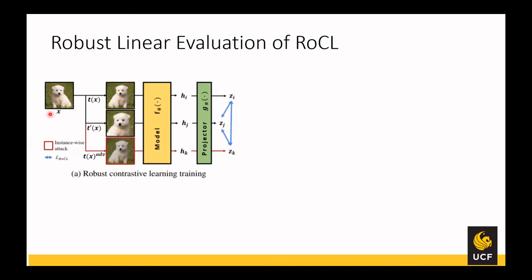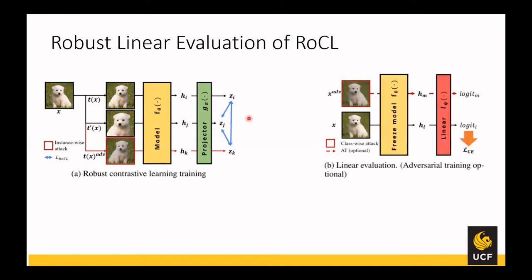So just to recap, we have this pre-training stuff, the 3 augmented views, and then one is adversarial, obviously, and then we map them together. After this pre-training is complete, instead of passing the normal image that we passed in the previous slide, we will pass the adversarial image, and this adversarial image is a normal FGSM, PGD or that sort of adversarial.